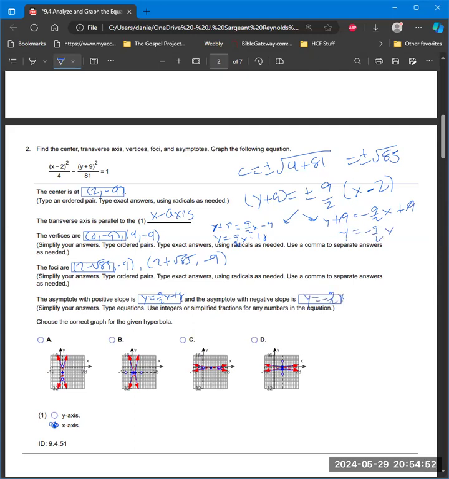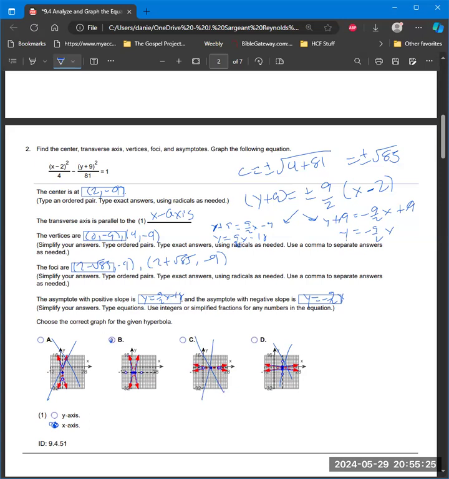The transverse axis is parallel to the x-axis. The transverse axis is in blue there, so it's not going to have a transverse axis that is vertical. It's going to be horizontal here. This is not a transverse axis.